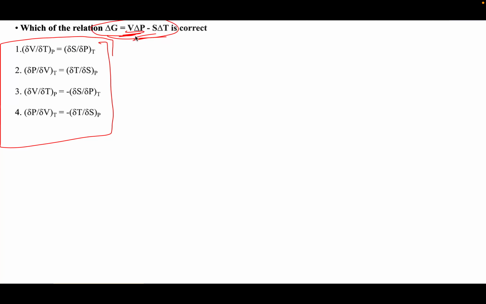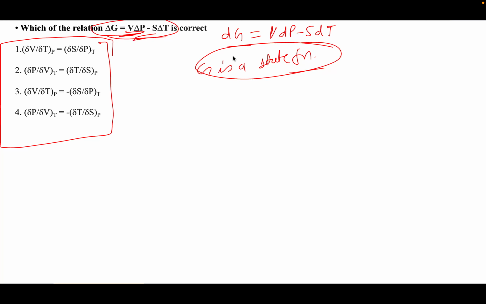Since we know dG is equal to V dP minus S dT, this is given, and we know that G is a state function. It does not depend on path, and it is an exact differential.